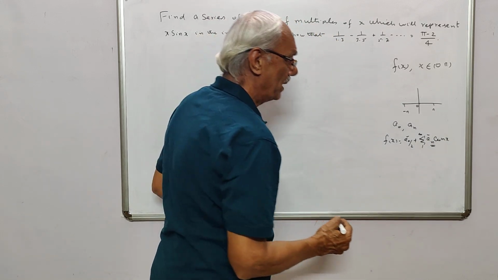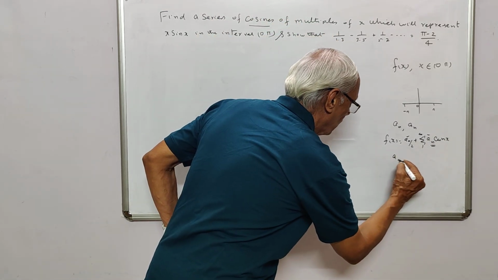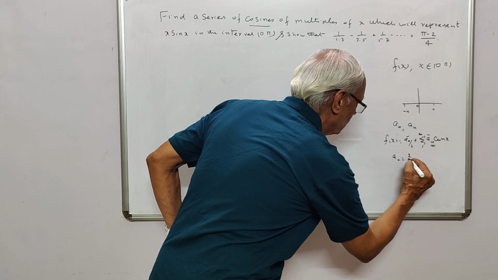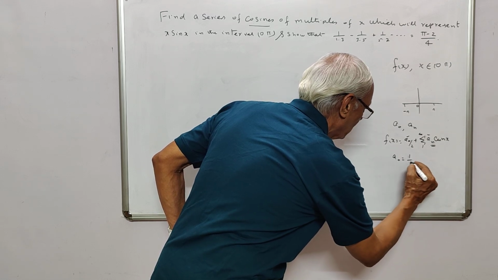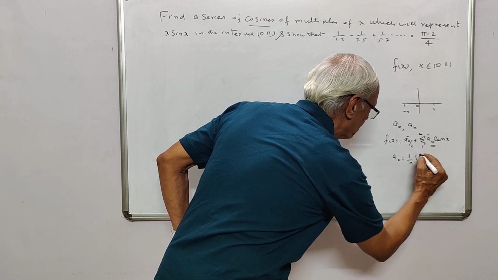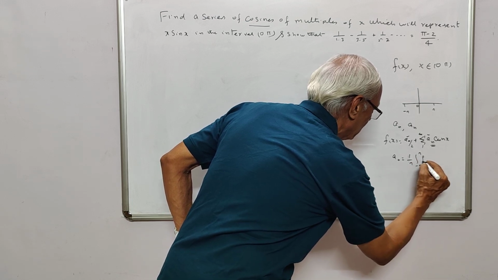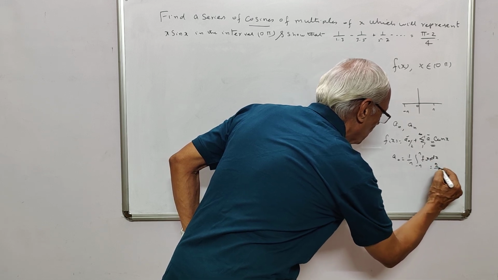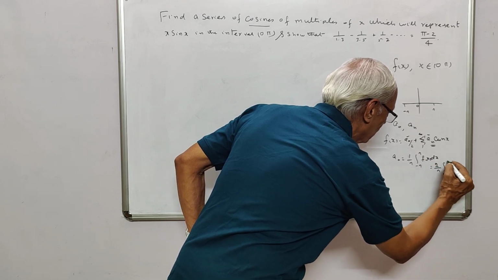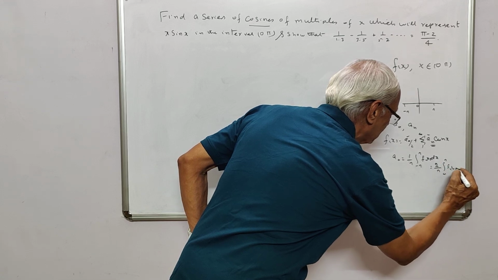Can you understand? a0 is equal to 1 by pi, integral from minus pi to plus pi of f of x dx, which must be equal to 2 by pi, integral from 0 to pi of f of x dx.